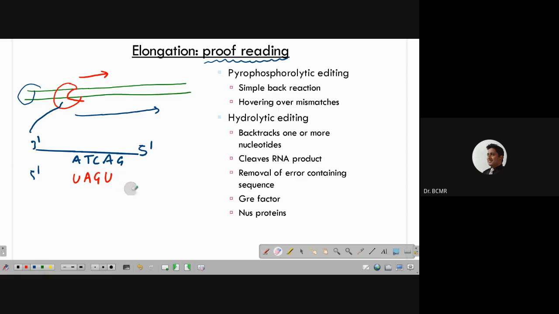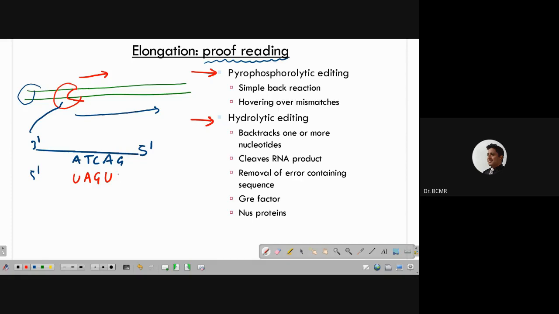It will remove that one base if it has made a mistake, and then it will redo the base pairing and polymerization. In proofreading, there are two mechanisms. One is pyrophosphorolytic editing. This is exactly what I have described.